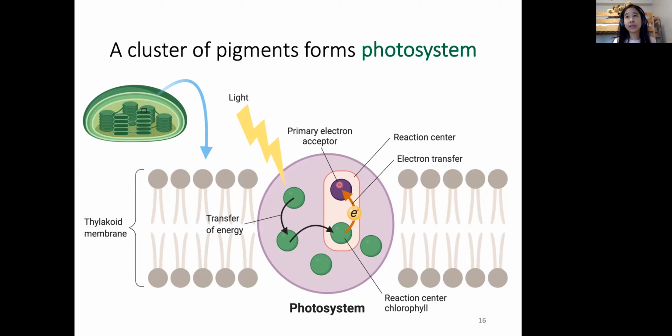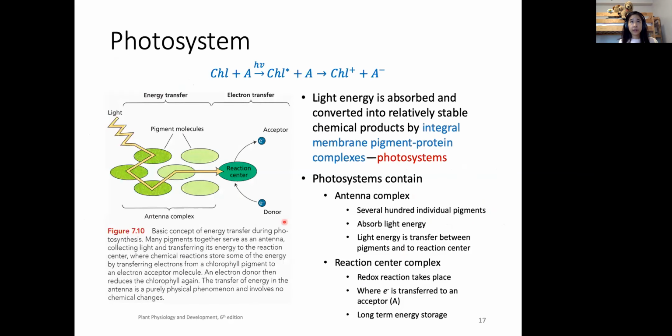In this reaction center, this chlorophyll molecule will give up its electron. This electron will be given to an electron acceptor. This is the electron transfer, and this is the energy transfer. All right, and how does it work in the structure?